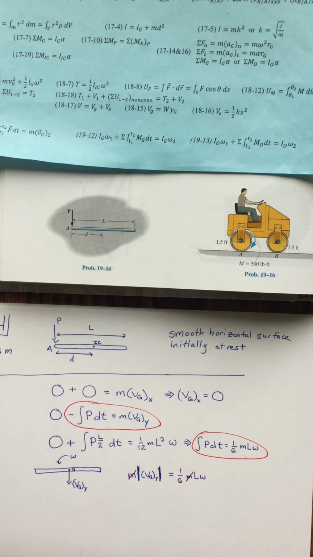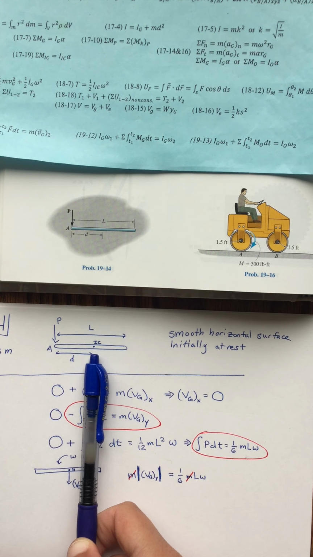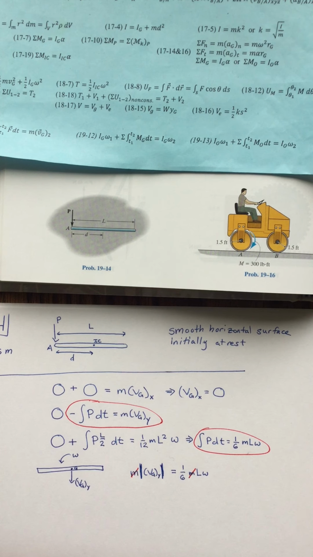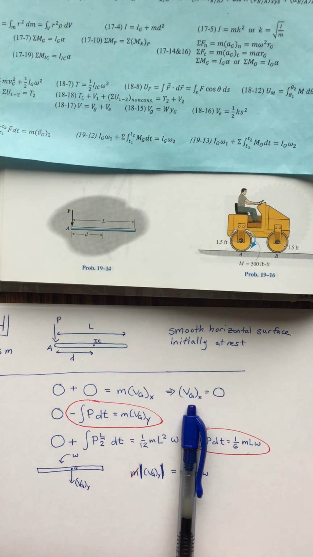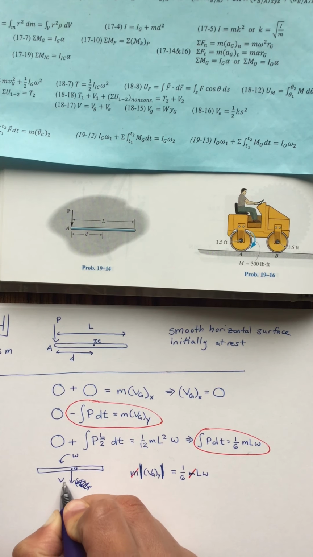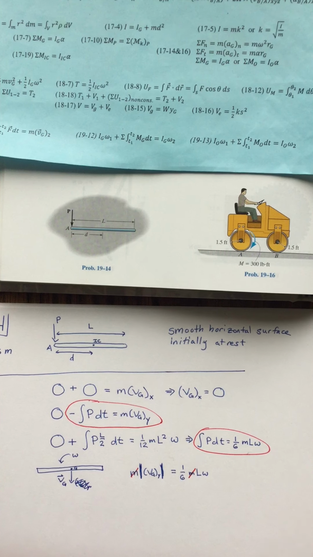Okay, remember that we are looking for the location of the instantaneous center of zero velocity. Furthermore, because the x component of the velocity of the mass center is 0, let's just call this the velocity of the mass center.